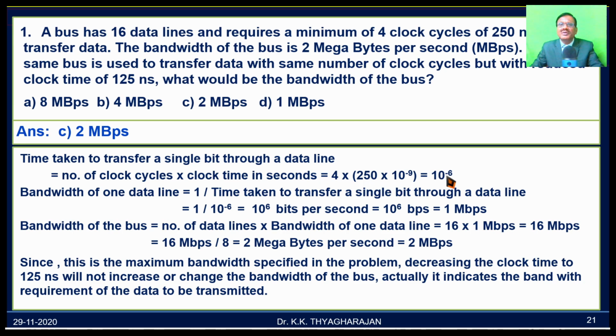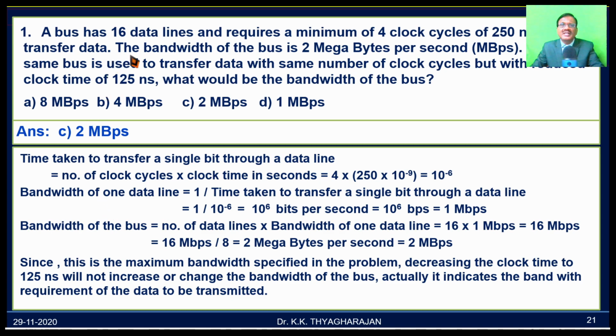Bandwidth of one data line is 1 divided by time taken to transfer a single bit through a data line. So that will be equal to 1 divided by 10 power minus 6, which is 10 power 6. 10 power 6 means 1 megabits per second.